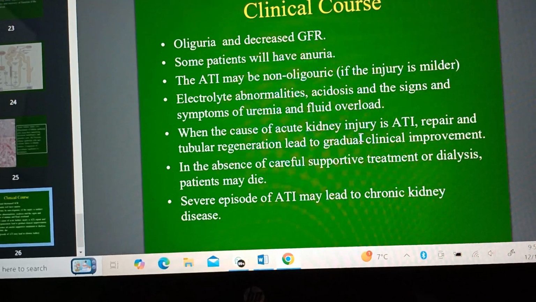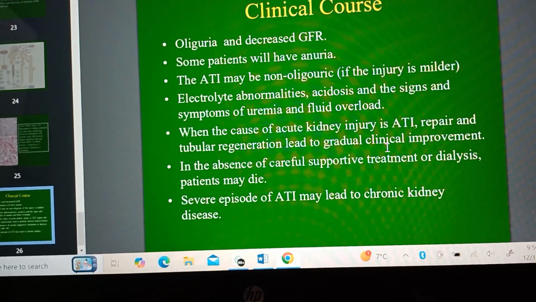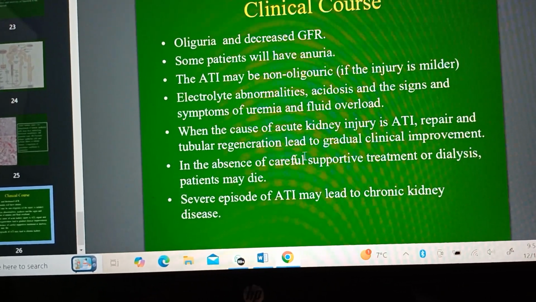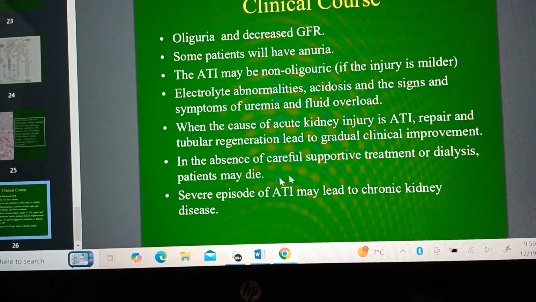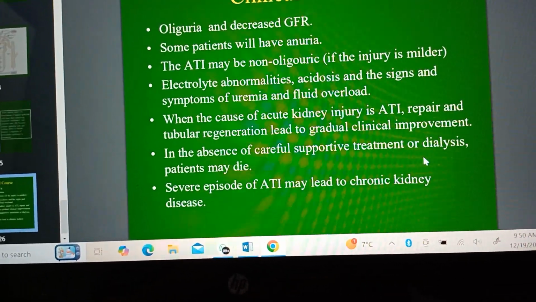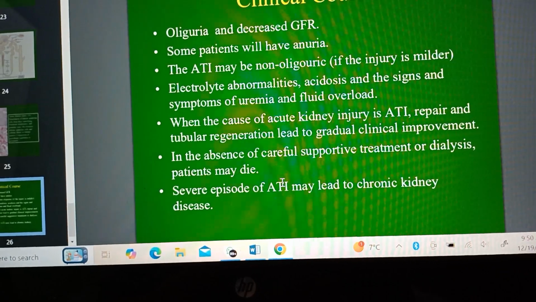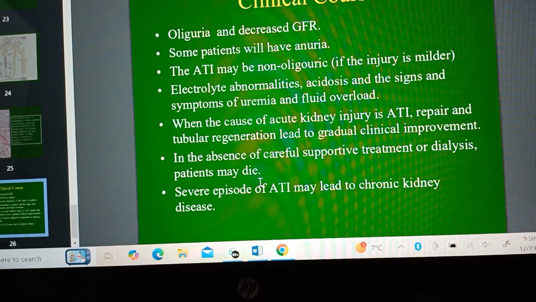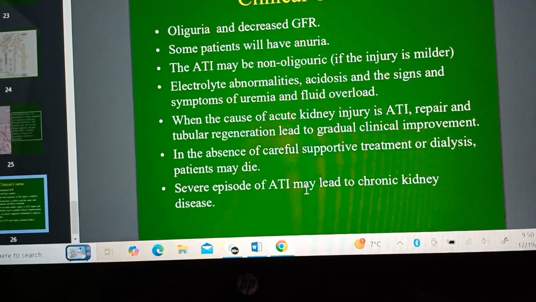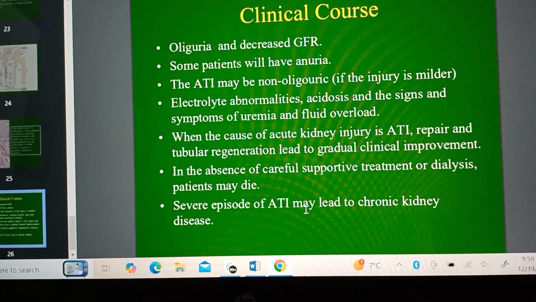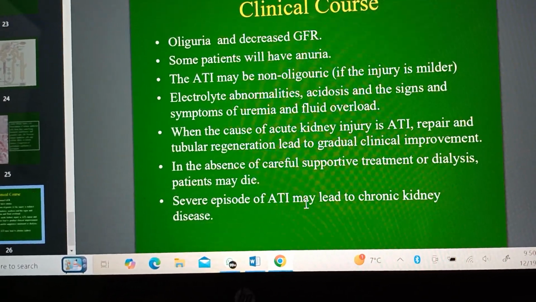Sometimes the repair may start, the tubules may regenerate and clinical improvement may occur. But if there is no supportive treatment, no dialysis is given, the patient may die, right? And this acute tubular injury, if it persists or recurs, can change into chronic kidney disease. So I hope now it's easy, you understand it, right?